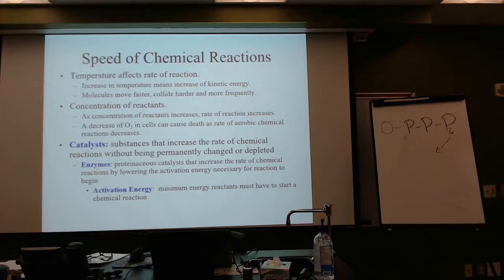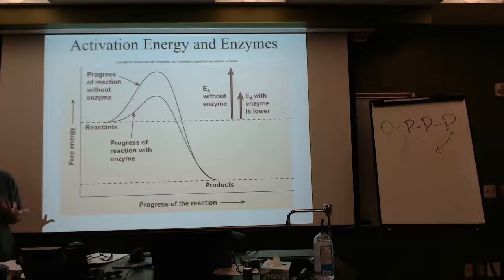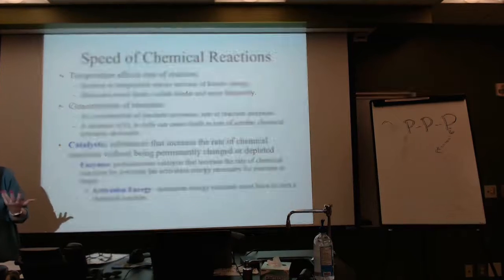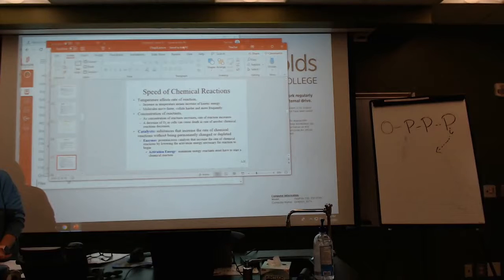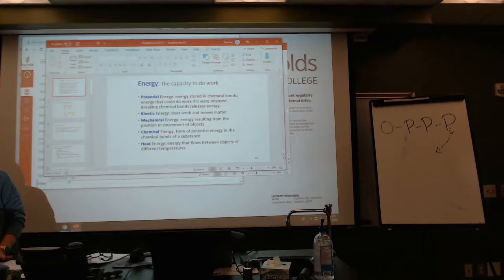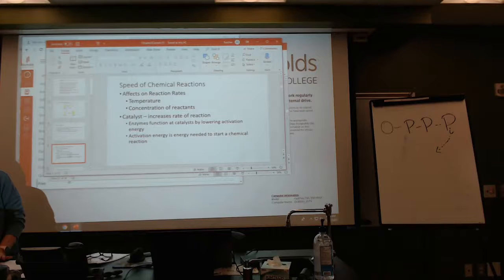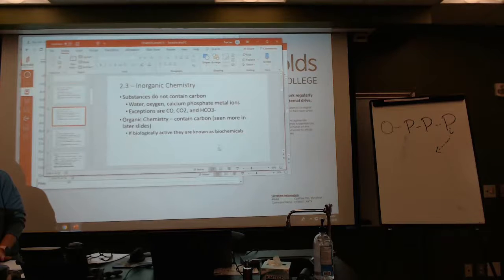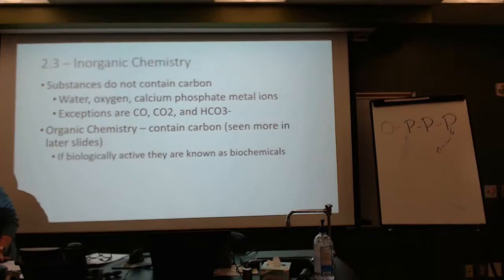Each one requires its own enzyme, and you may not be deficient in the others. The others may be made properly within the body. So we're going to find that these enzymes help with the speed of reaction of these particular molecules.